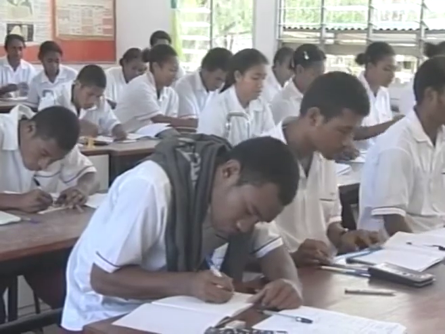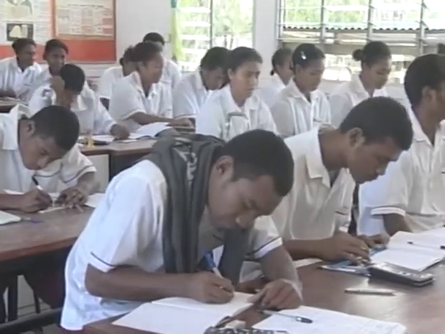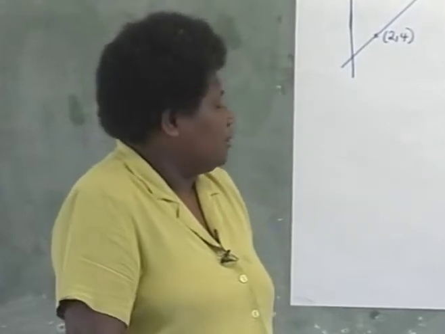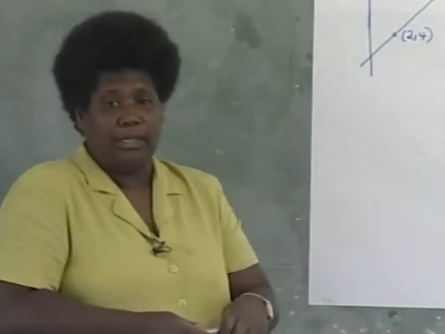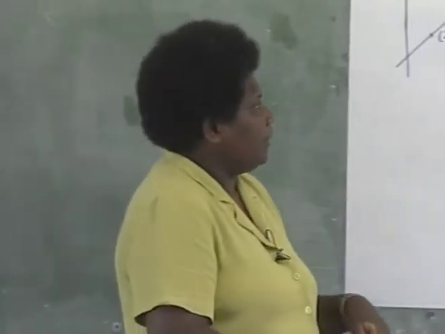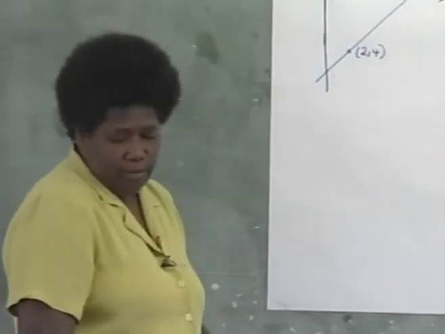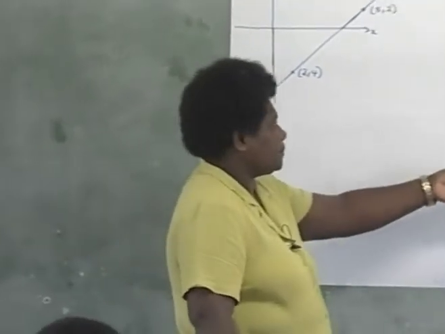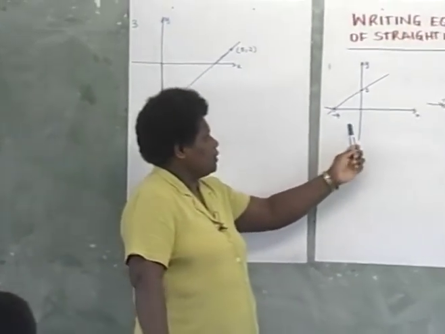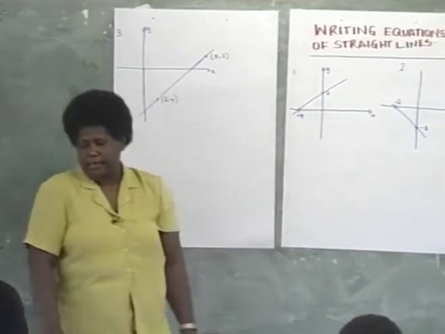Okay, that was a very easy exercise. Next thing is to look at writing equations given the straight lines. I have 3 examples on the board. Example 1, you have to write the equation of this straight line.